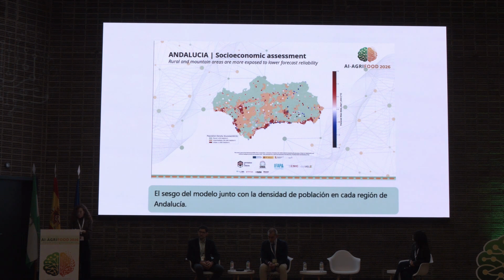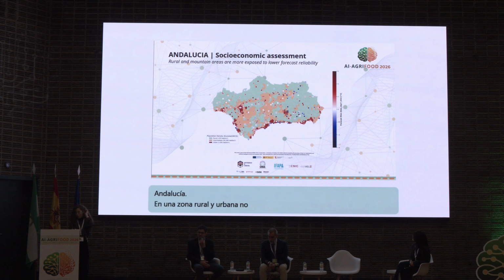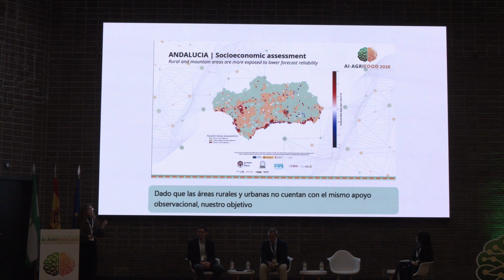And since rural and urban areas don't have the same observational support, we aim to analyze also more socioeconomic aspects, not only the density of population, but also the GDP and the distance to urban centers.